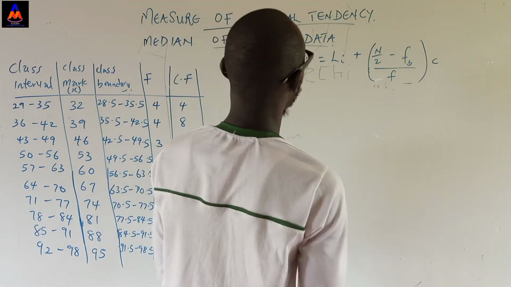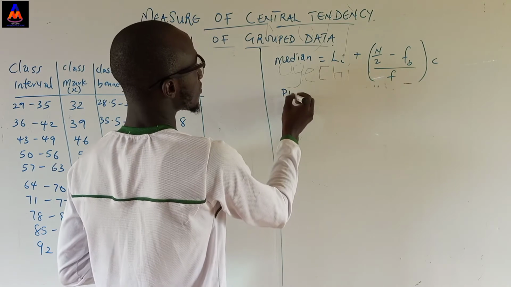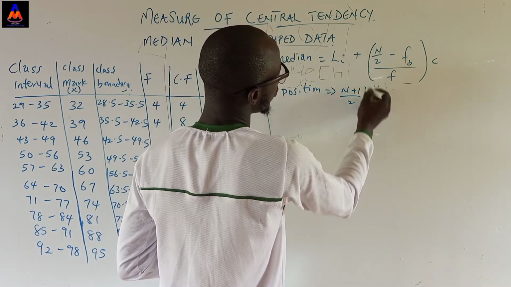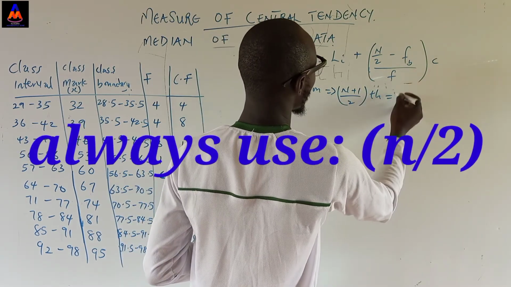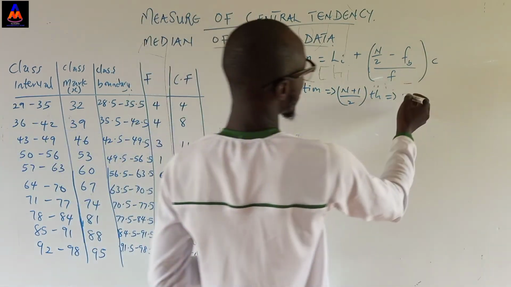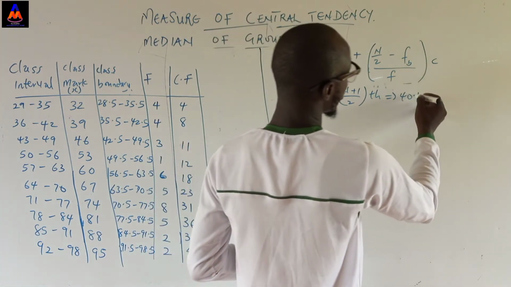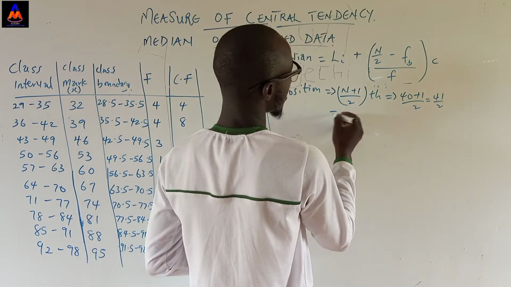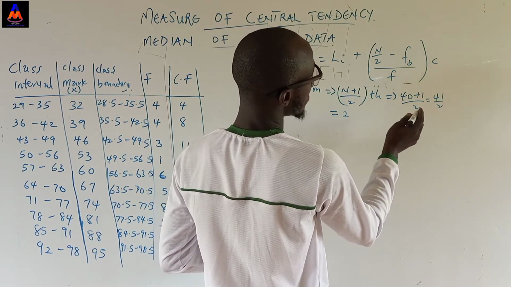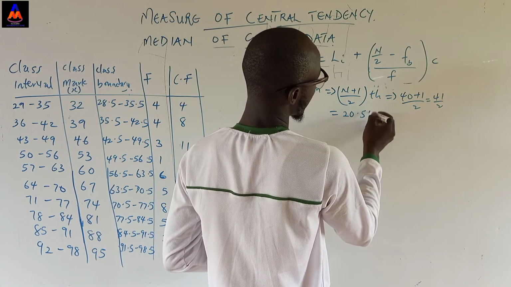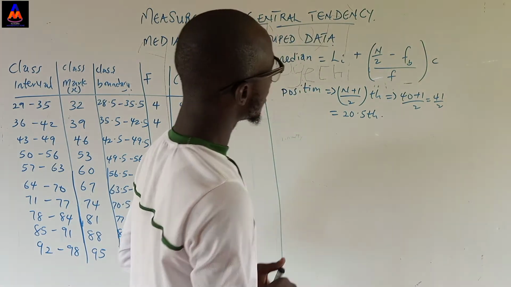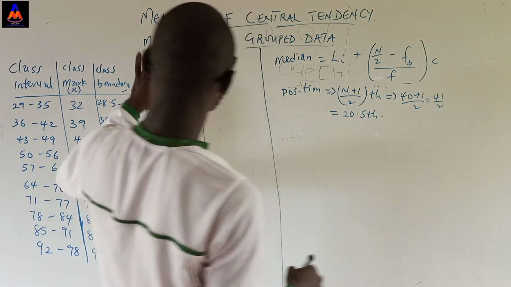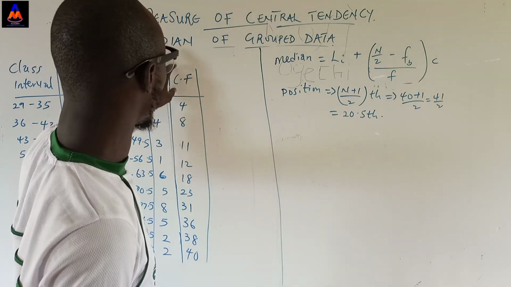So let's implement what I'm saying here. The first thing we look for is the position of the median class, and we use (n plus 1) over 2 th, which represents the position. The n is the total frequency, which is 40, so 40 plus 1 all over 2, that's 41 over 2, and my answer here is 20.5th. So the class in this position, 20.5, will be gotten from the cumulative frequency.